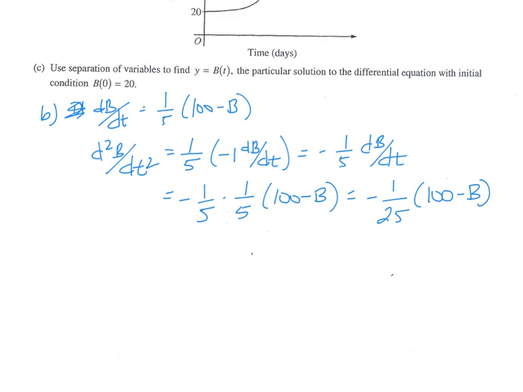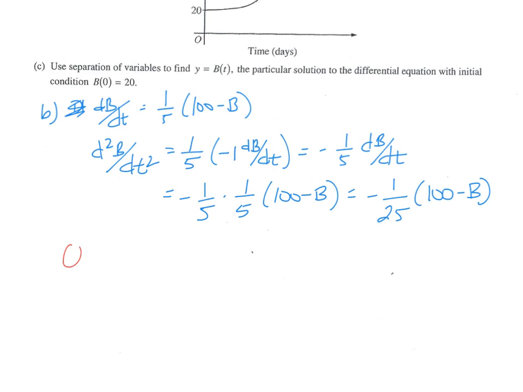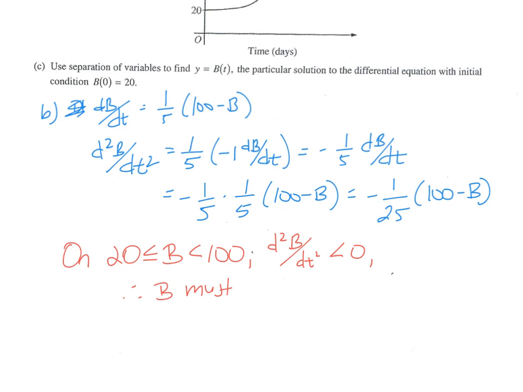So remember, the second derivative tells us about concavity, and on the interval from 20 all the way up to 100, the second derivative is negative. Therefore, B must be concave down.